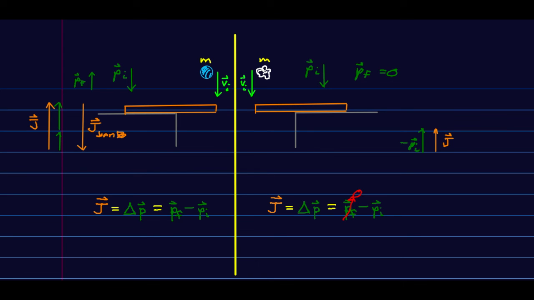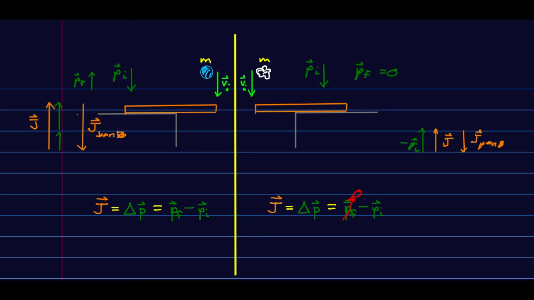Whereas for the wad of paper, it's this smaller downward J, paper on board.